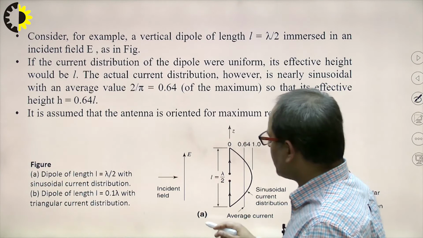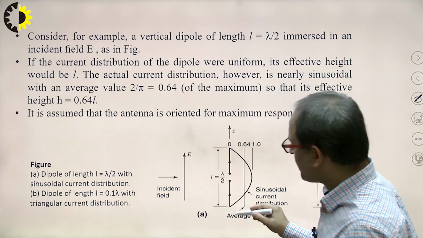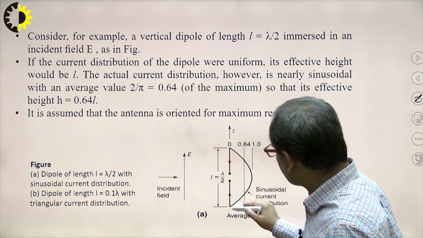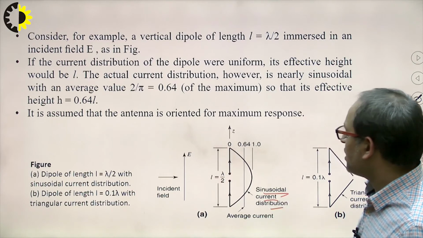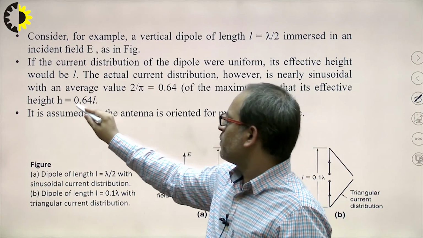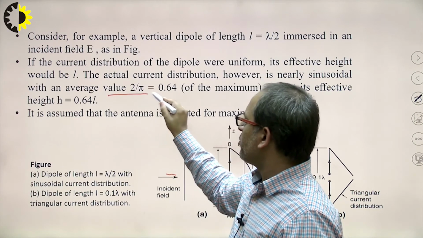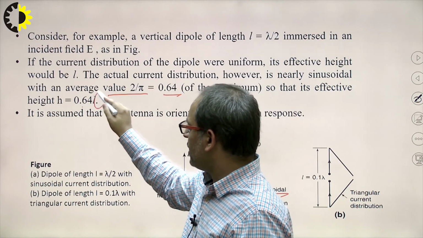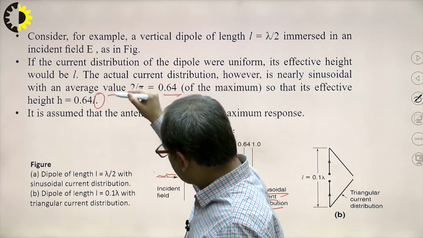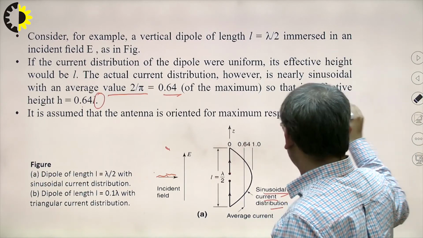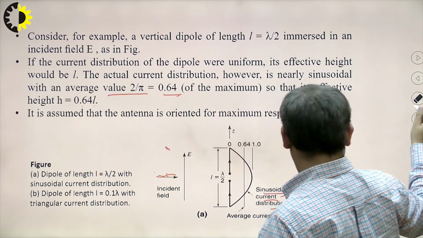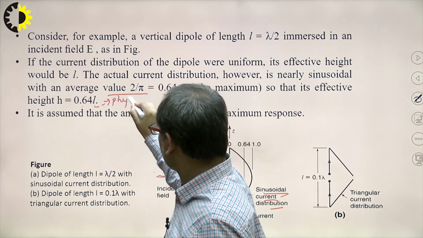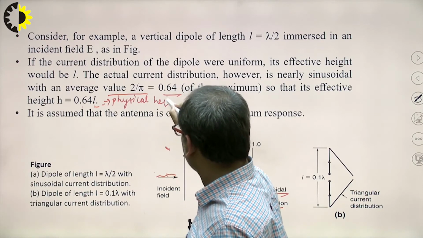Now see, if this is a transmitting antenna and the current distribution is sinusoidal, then the average value of the current will be 2 upon pi, which equals 0.64. The effective height will be HE equal to 0.64 multiplied by L. This L is the physical height of the antenna.